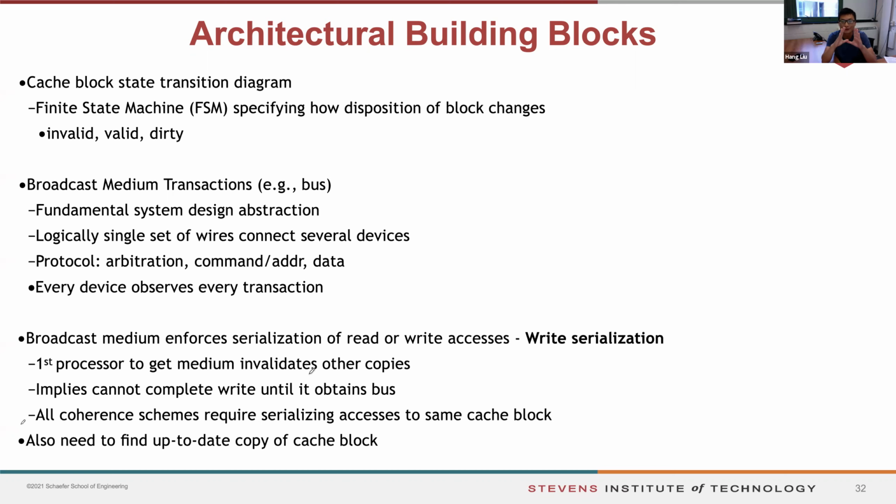The bus is like the single unique timer deciding who gets it and in what order, and then the update of the results is also shown in that specific order. We also need to use that bus to update the block as well as to find the up-to-date copy of the cache block, like in the write-back case.